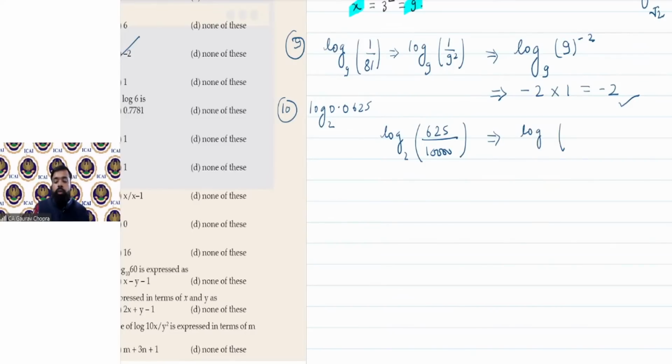So log of 5 by 10 to the power of 4, base is 2. Now again, this can be simplified further. We have cancelled. So 1 upon 2 to the power of 4. This can be written as log of 2 to the power of minus 4. Minus 4 will come forward and this is the result.